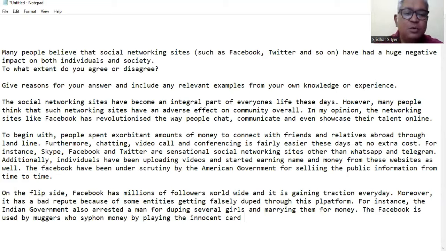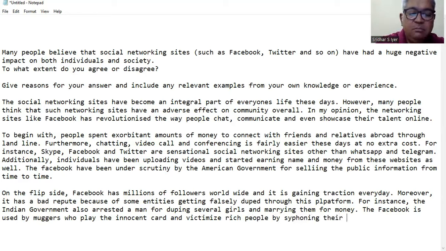The Facebook is used by muggers who siphon money by playing, or you can write, the Facebook is used by muggers who play the innocent card and victimize rich people by siphoning their money. That's true. Okay, then what?